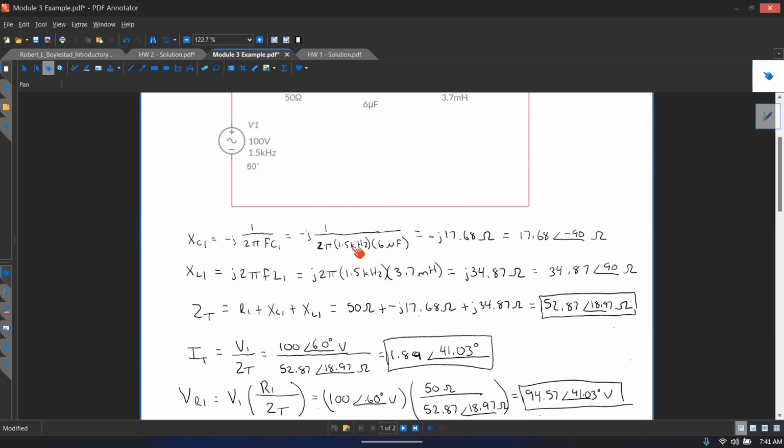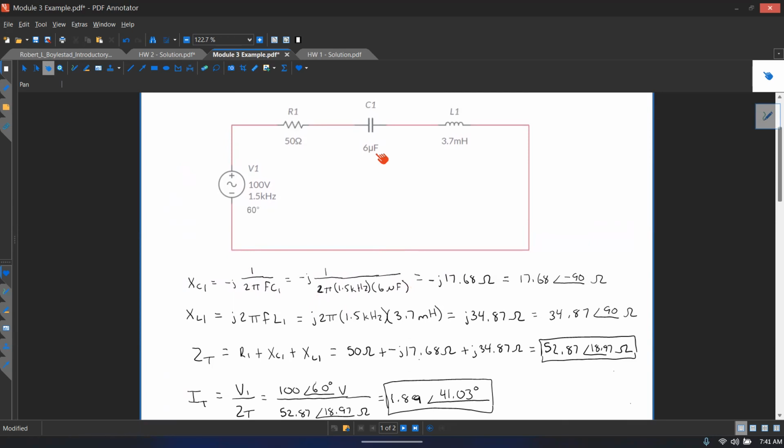And so once we plug and chug our values in, we get negative J times 1 over 2 pi F, which is the frequency, 1.5 kilohertz, times the capacitance, which is 6 microfarads, which is given up here in your problem. And so once you calculate that all out, you get negative J 17.68 ohms.